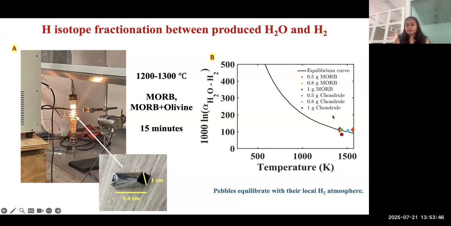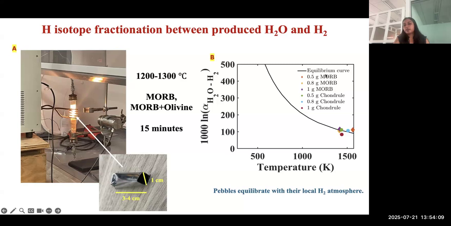So the key point from this curve, or from plot B, is that the water is reaching equilibrium, and it is just overlapping with this theoretical plot. The Morb initially had some water. If I had plotted those fractionation numbers, that would be way up here.